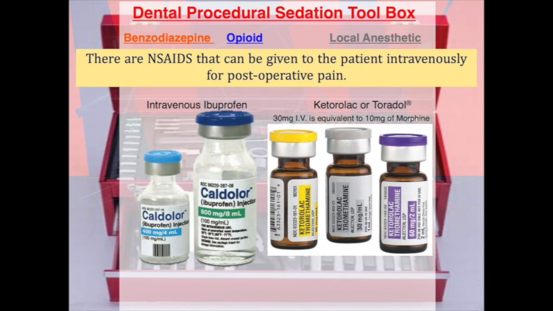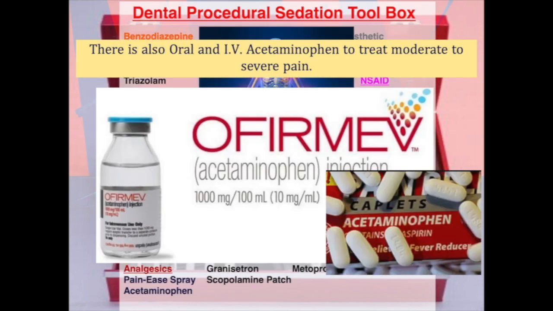The Caldolor is given through a drip in with the IV. And then Ofirmev was available for years in Western Europe. It's just Tylenol, if you will, acetaminophen dissolved in liquid, and is given then through the IV. And Tylenol itself is a great nonsteroidal anti-inflammatory.